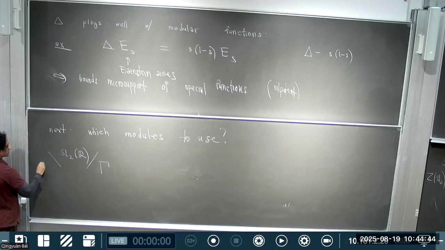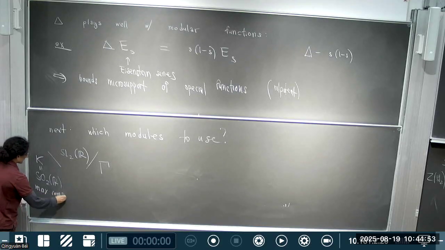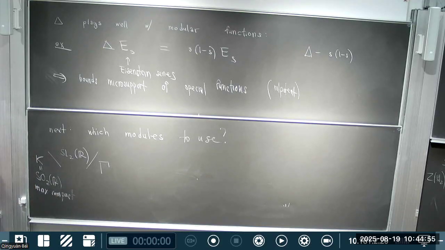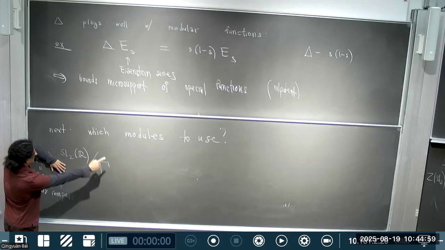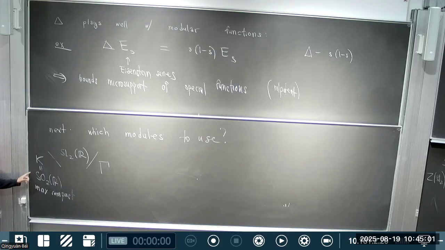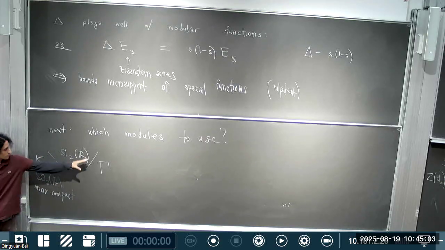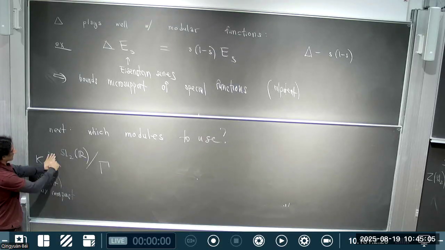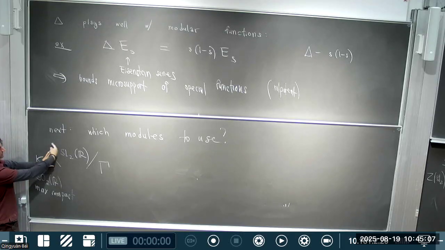And then there's the local bit, which was K, the maximal compact subgroup of SL2R. The rough idea is that you read it as this modulo this. And so the types of systems of differential equations you want to use are those where you use the Lie algebra of SL2R, but there's something about equivariance.